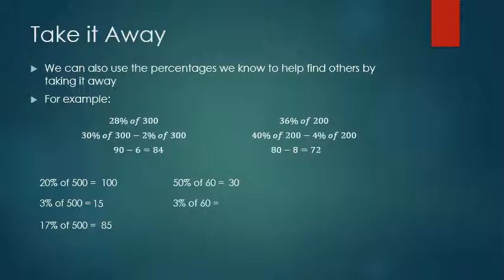3% of 60. So to find 3% of 60, we find 1%, which is 0.6, and we multiply it by 3. And 0.6 times 3 would be 1.8. So 47% of 60, so we would have to subtract here, because 50 take away 3 would be 47.